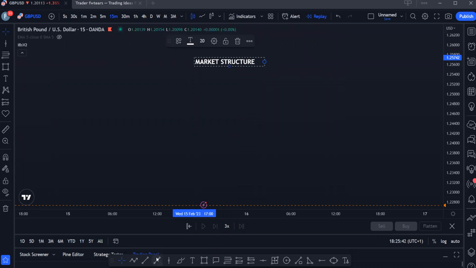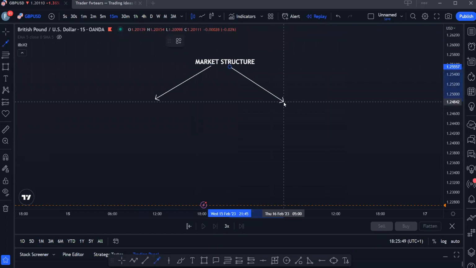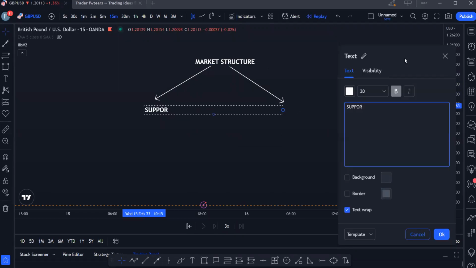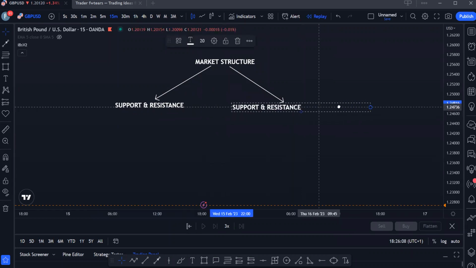We will talk about support and resistance, and then we'll also talk about trends. We're going to merge the 2 together to form a perspective of the market.